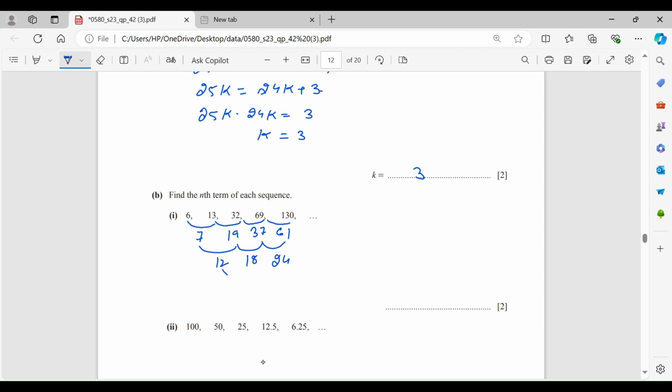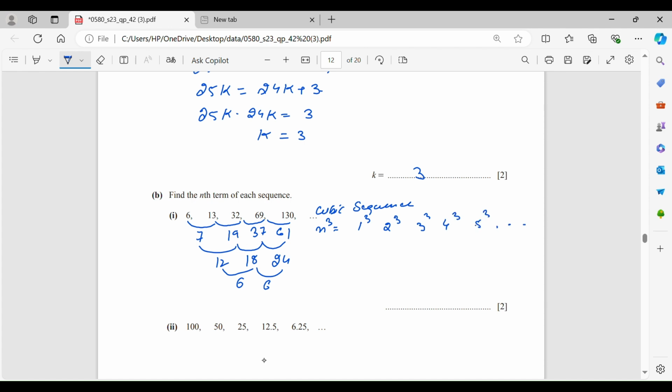Let's again subtract them. So 24 minus 18 is again 6. So it's a cubic sequence. For a cubic sequence, n cube, this is equal to 1 cube, 2 cube, 3 cube, 4 cube, 5 cube, and like that.